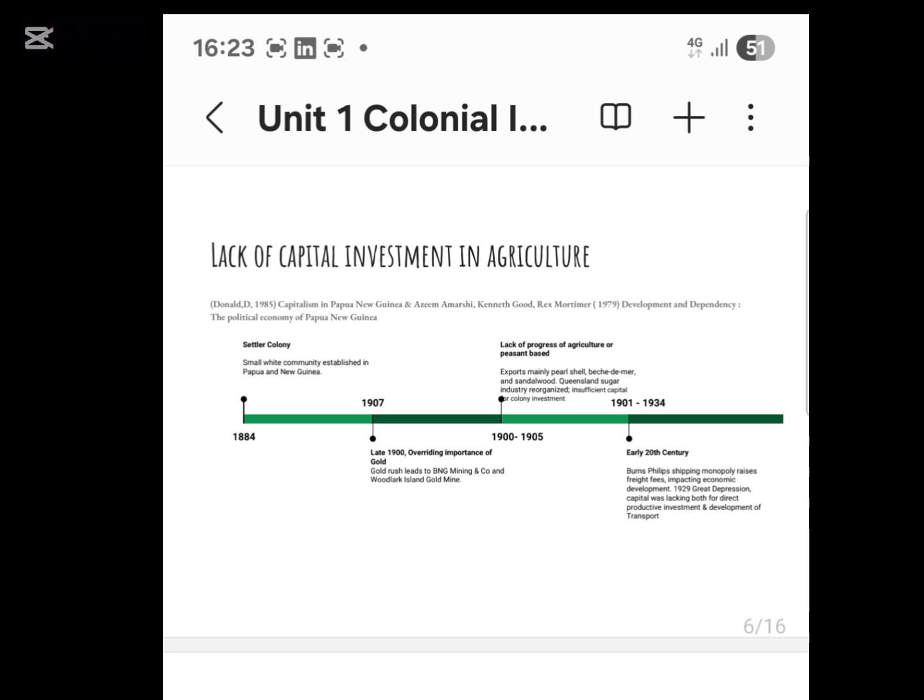From 1884 to 1907, there was a gold discovery that attracted most of those white settlers, coming from Australia and even Britain.